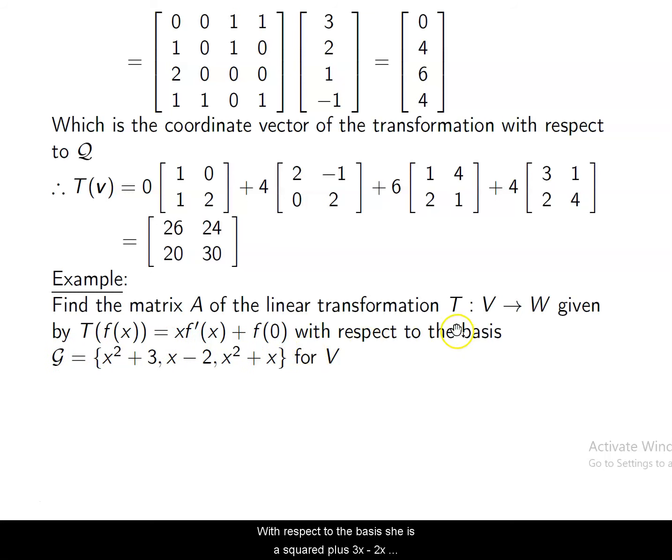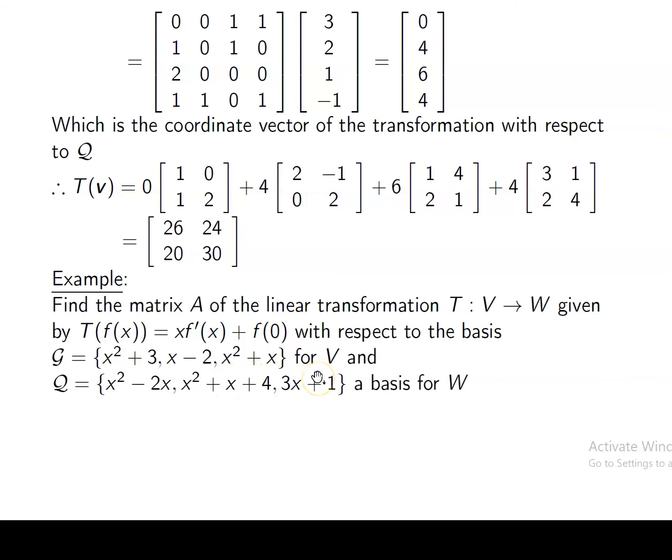Okay, with respect to the basis G is x squared plus 3, x minus 2, x squared plus x for V, and Q is x squared minus 2x, x squared plus x plus 4, 3x plus 1 being a basis for W. Okay, so what we want is our matrix A, we want the transformation given by this process. We are starting in this basis and we are ending in this basis.